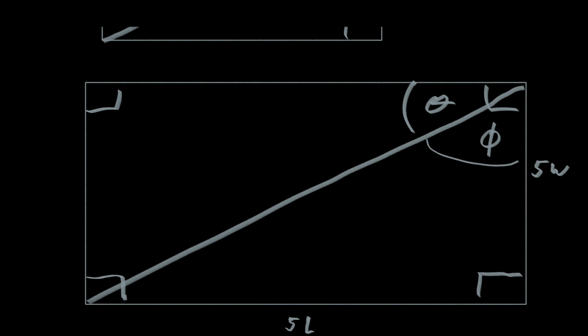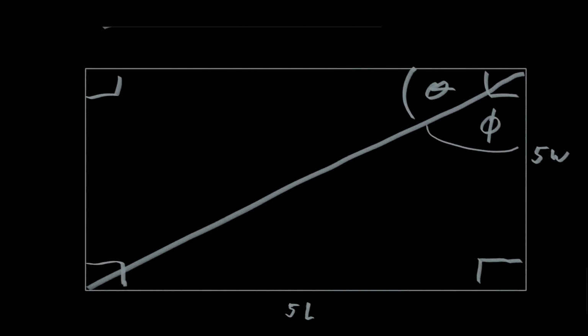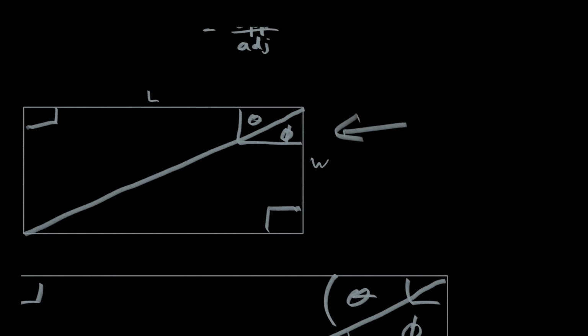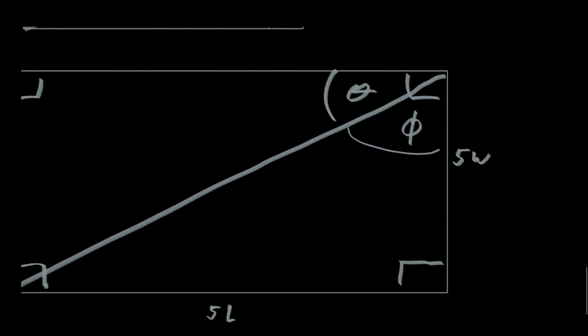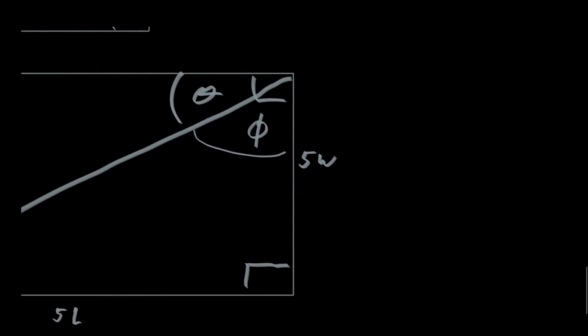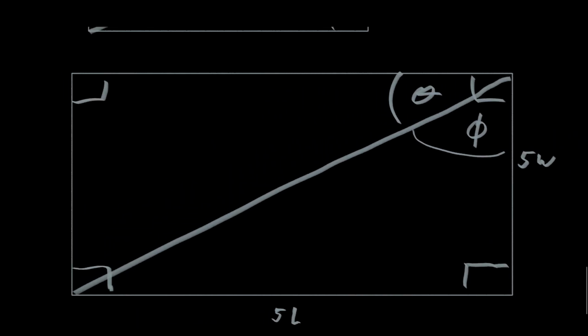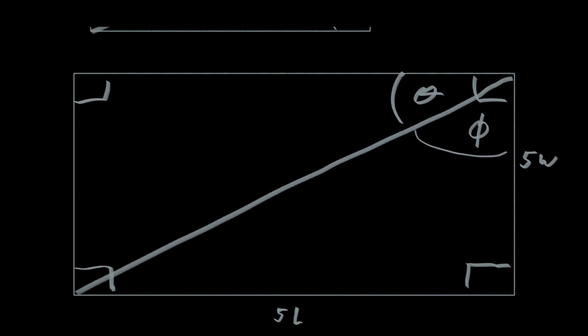And the ratios between the sides of this triangle that's been scaled and our previous one, notice the ratio of the width to the length would just be whatever W is over L, right? And similarly for this scaled up rectangle, it would just be whatever the width is, which is 5W, over whatever the length is, which is 5L, and the 5's would cancel, and we'd just be left with W over L. So you can see the ratios don't change in a rectangle, and rectangles are just two right-angle triangles slammed together in the right way.